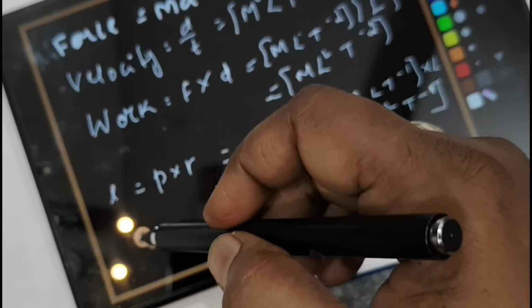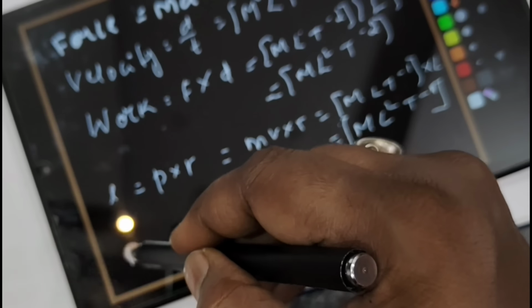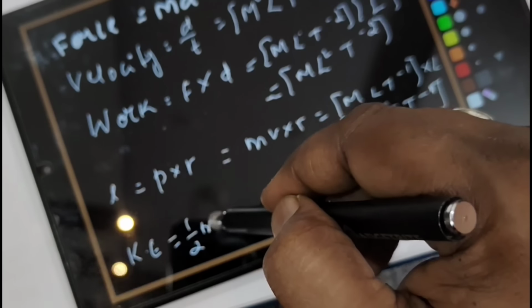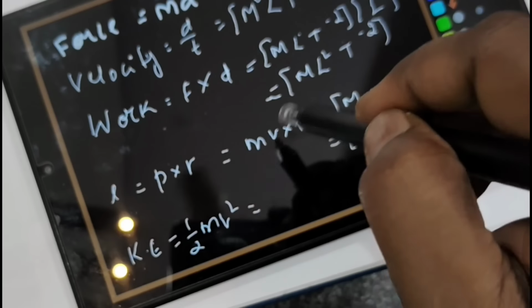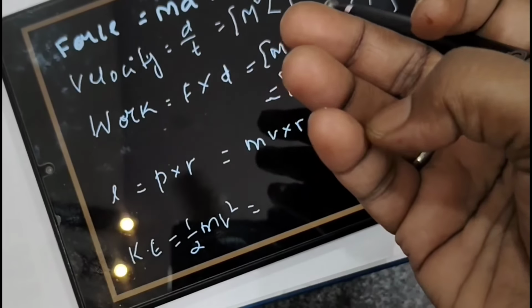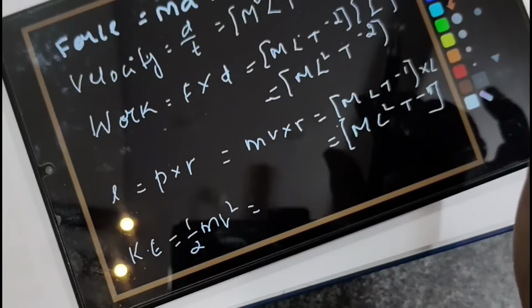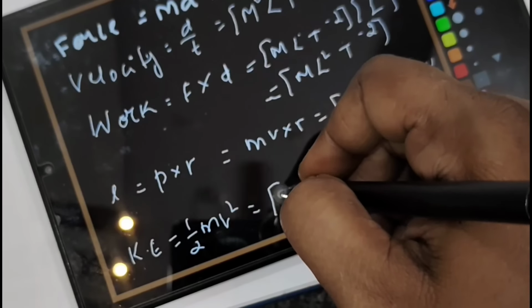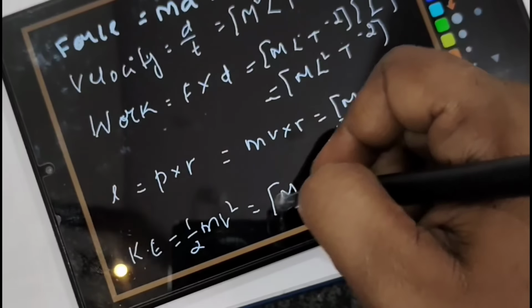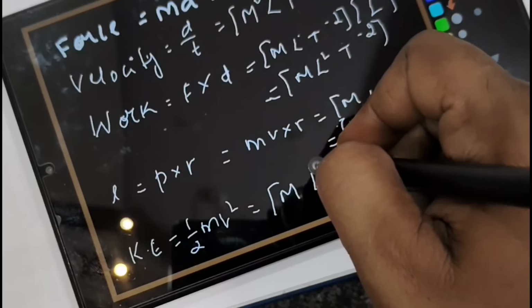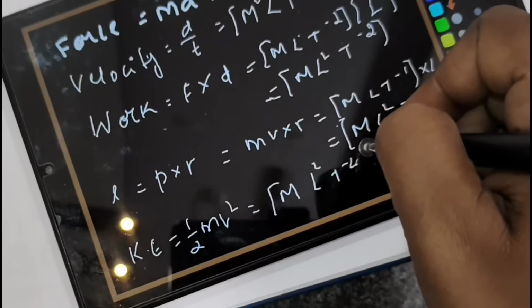Right? Okay. Now let us see the kinetic energy. Half M V squared. So half we will not consider because it is a constant. So dimensions cannot be taken for constants and the trigonometric functions. So here M is capital M, and V squared, that is the velocity, is L squared T raised to minus 2.